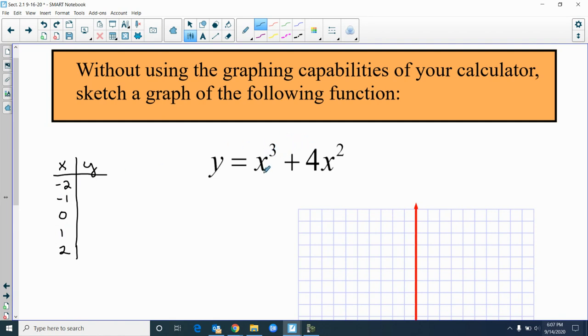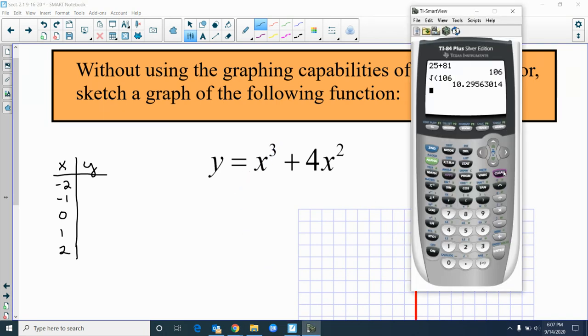Well, if I plug those in, let's see what I get here. -2 cubed plus 4 times -2 squared. I might as well just use my calculator. Okay, gives me 8.